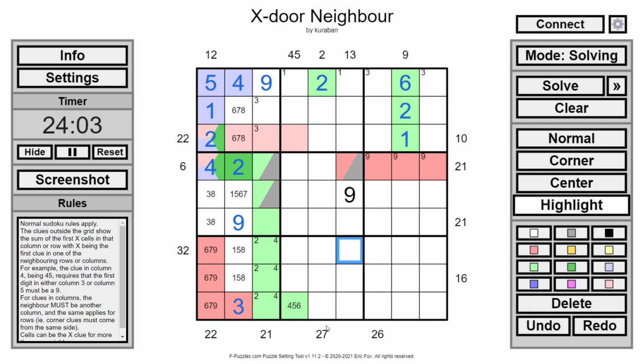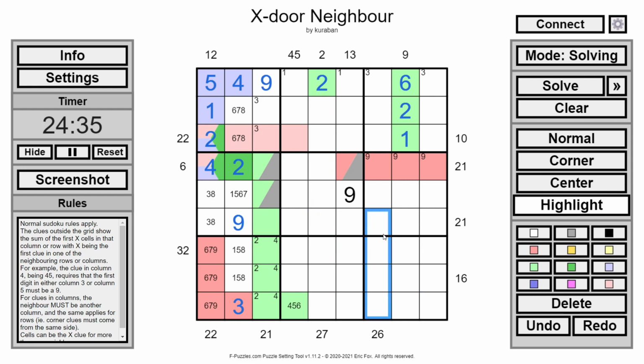Let's do this light green. So this 27 is at least 4 cells. Let's make it light blue. At least 4 cells. 29, that means 16 unshaded in between. I don't think that's super helpful.